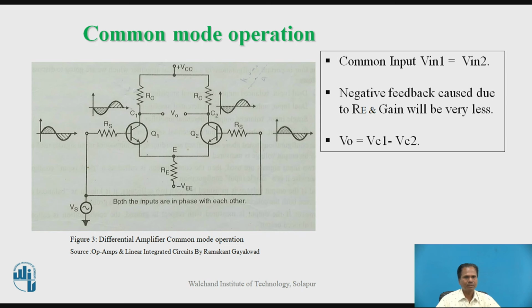Due to negative feedback, the overall gain of the amplifier will be very small. So the differential amplifier will provide a minimum output signal between the two collectors of transistors Q1 and Q2. For a common mode input signal, due to the negative feedback caused by RE, the gain will be very less, so the output will be very less. Ideally, output should be 0, but practically we get a very small output.